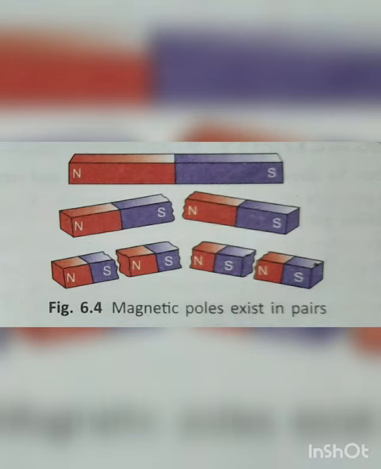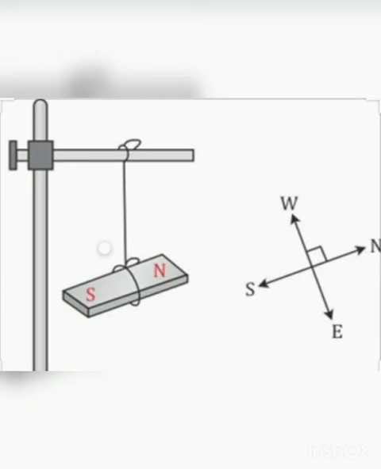The next property of the magnet is that a freely suspended magnet always rests in the north-south direction. If a magnet is tied to a twine and suspended freely, it always rests in the north-south direction.